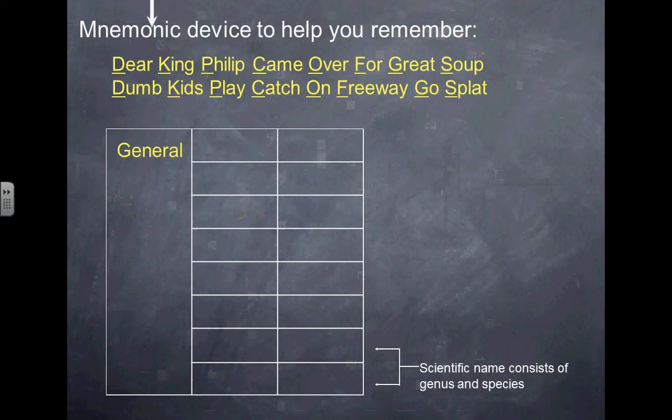So as we look at these groups from very general to more specific, what goes on top? Raise your hand if you want to tell me what goes on top here. The first group, the most general. Gage? Domain. How about after that? Stephen? Kingdom.